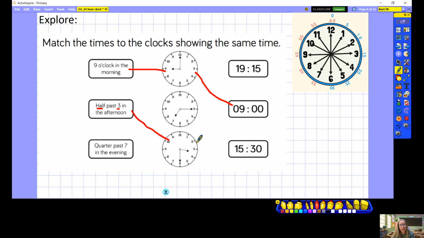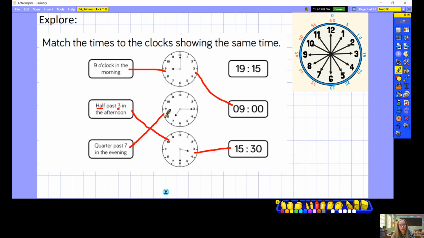So 3 add 12 is 15, and then the minutes show 30. We can count on our clock in fives to 30: 5, 10, 15, 20, 25, 30. So our time is 15:30.